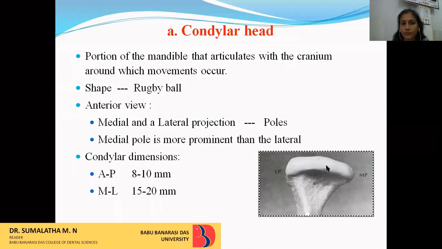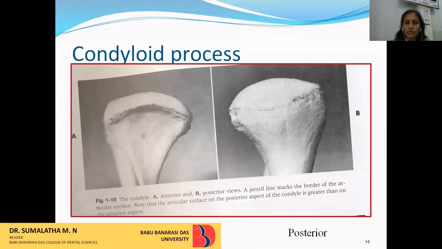It has two poles, the medial pole and the lateral pole. The medial pole is usually more prominent when compared to the lateral pole. The diameter anteroposteriorly is 8 to 10 millimeters and mediolaterally 15 to 20 millimeters. This is how the condylar head appears when you see it anteriorly, and this is the posterior view.